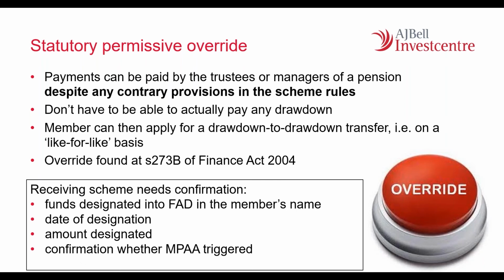Now, we know that's always going to be saying no, the money purchase annual allowance hasn't been triggered because, of course, they don't have the ability to pay any income, so it won't have been triggered. So really, all any defined contribution scheme needs to do is provide that information in the box, and obviously physically make the payment across to the new provider, because scheme rules don't matter.